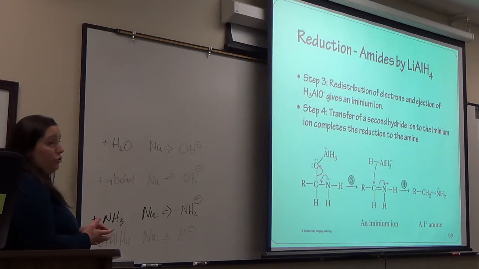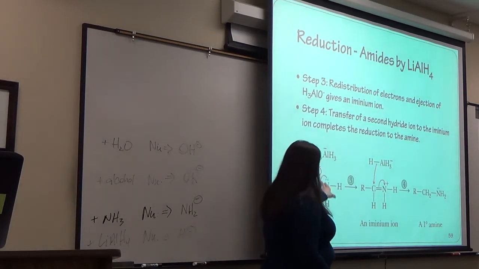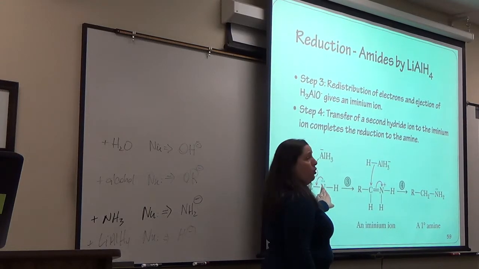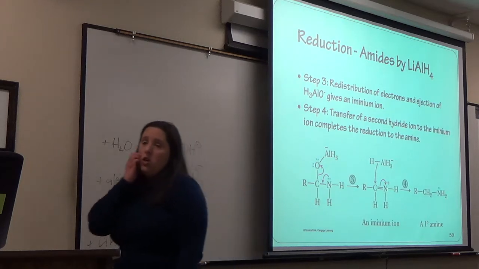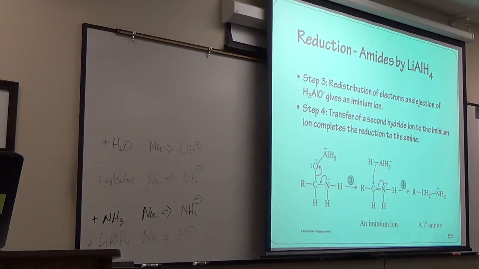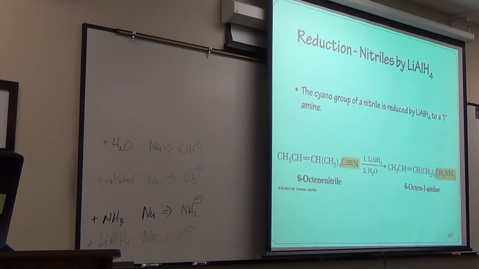Nitrogen is less electronegative, so it's willing to do this. Oxygen would rather keep the lone pair to itself because it is more electronegative. So that's why we don't see the same pattern for esters that we see for the amides.